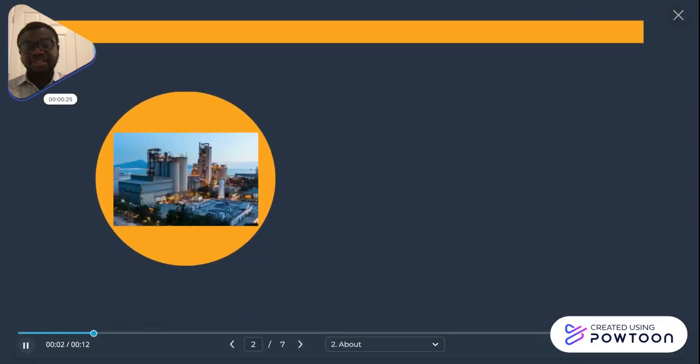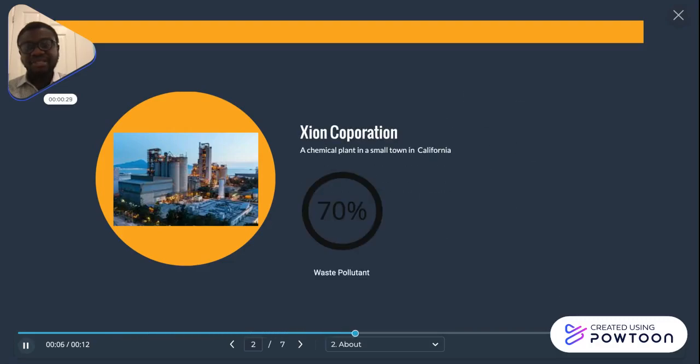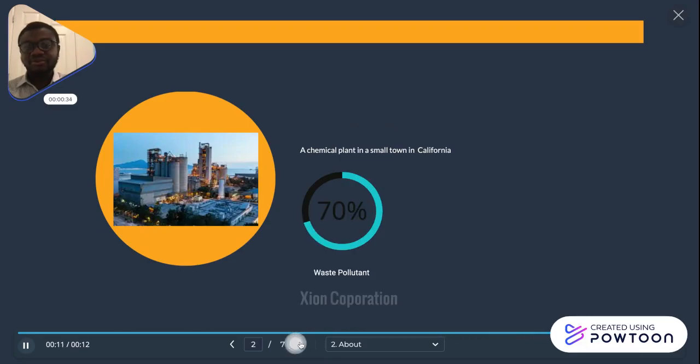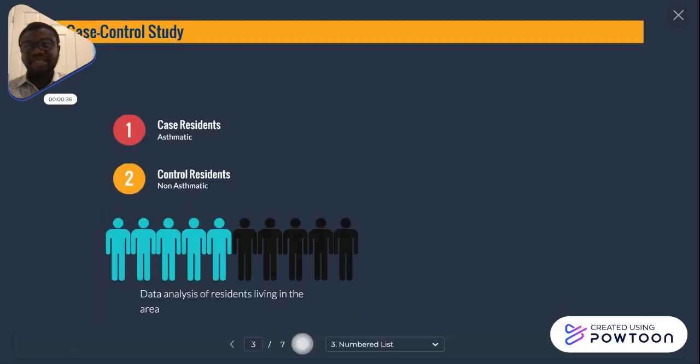Axion Corporation is a chemical plant that emits about 70% waste pollutant into the atmosphere. A case-control study was developed by classifying the residents of this small town into groups: those that had asthma, known as the case group or case residents, and the other group, the control group or control residents, who were the non-asthmatic residents.